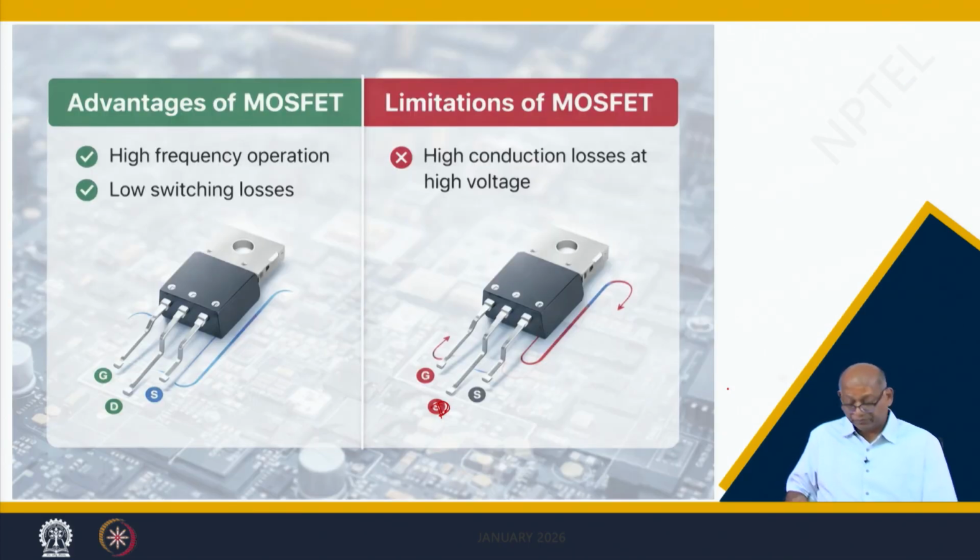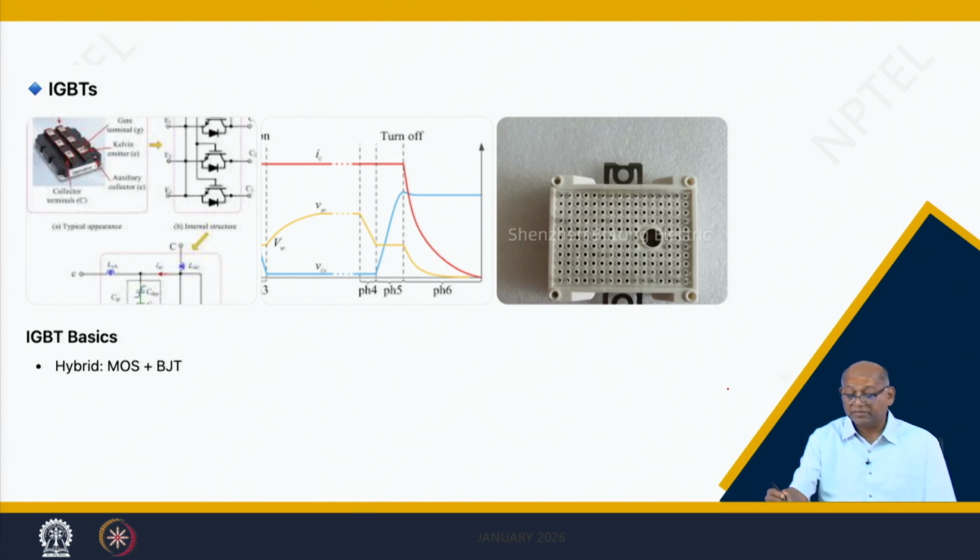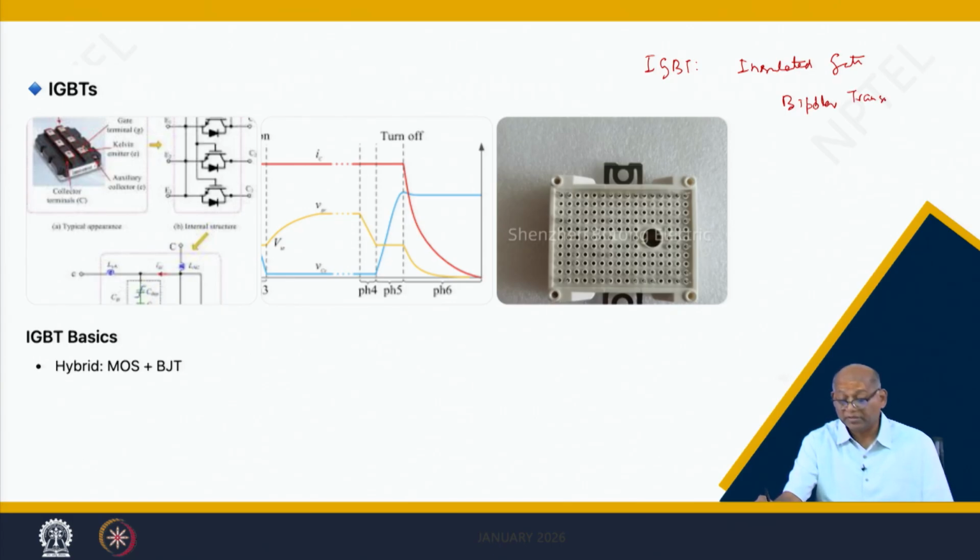Then we go to the next, which is IGBT. What is IGBT? This is called insulated gate bipolar transistor. It has got good properties of a transistor as well as a MOSFET.